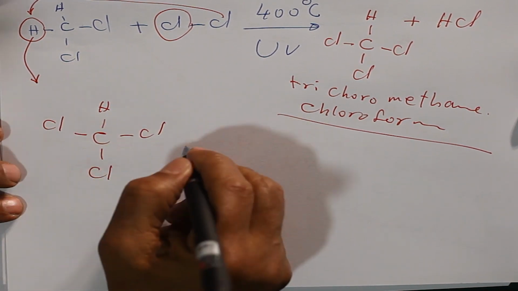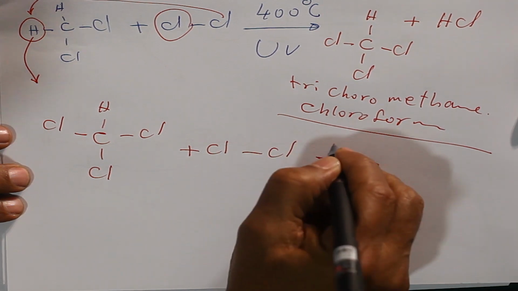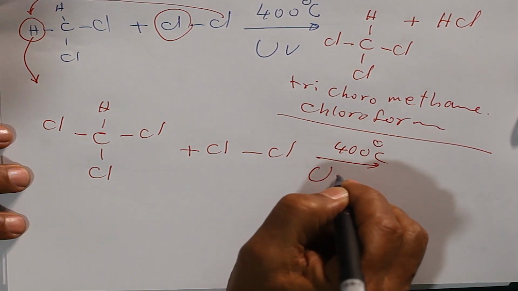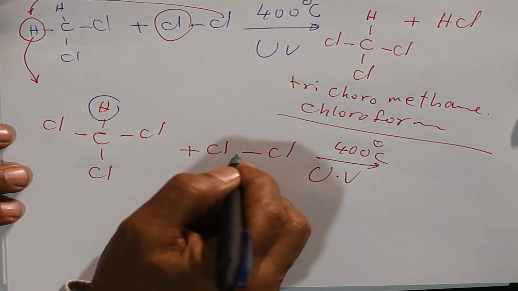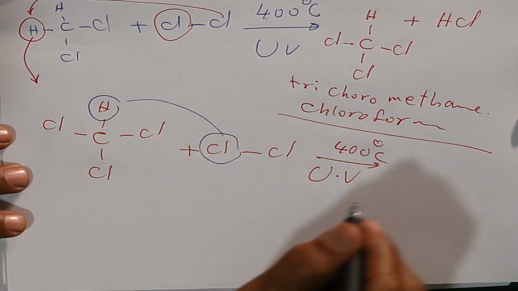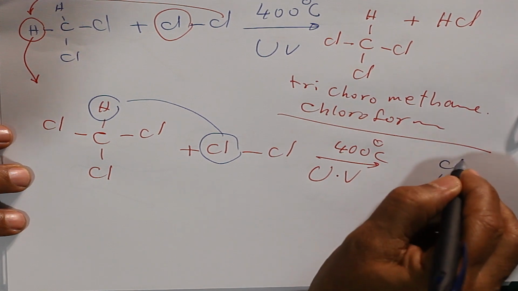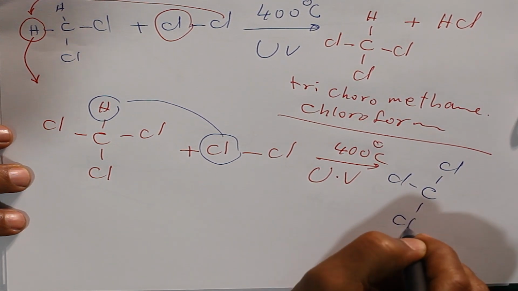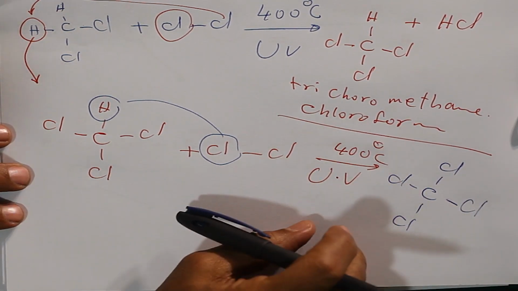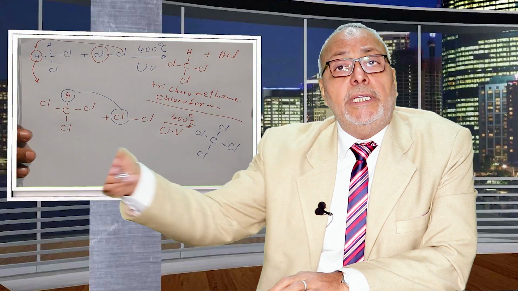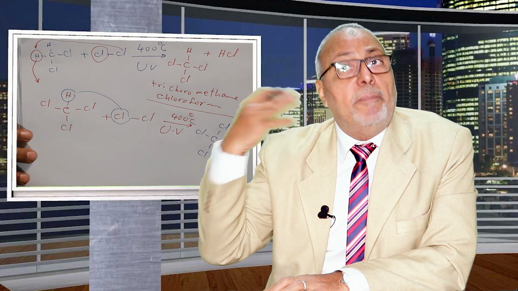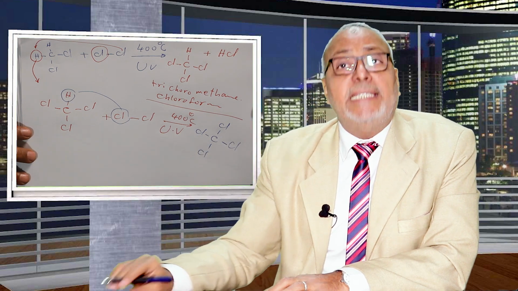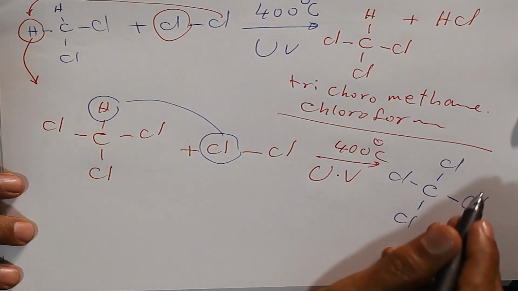CHCl3 plus Cl-Cl, 400 degrees or ultraviolet rays. What happens? The last hydrogen atom will be replaced by Cl. It will form CCl4. This reaction you need to draw by your hand, step by step. You will remember it in the exam, and easily by using a colored pencil.